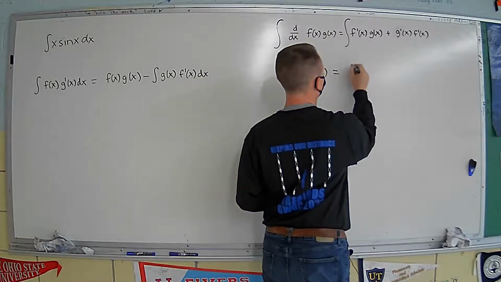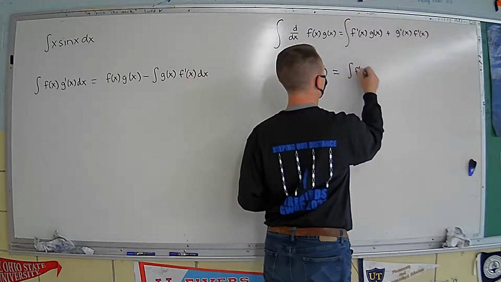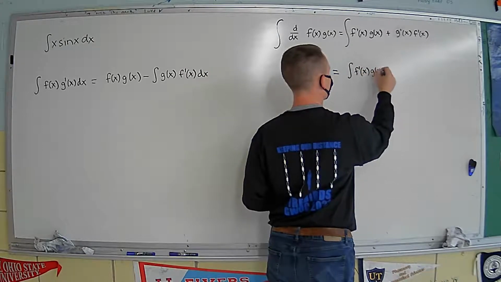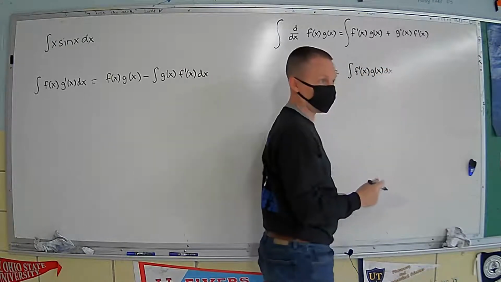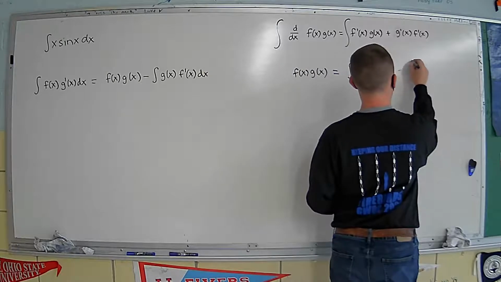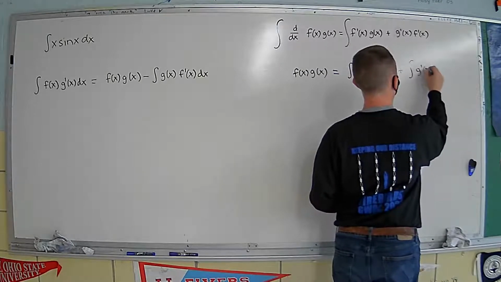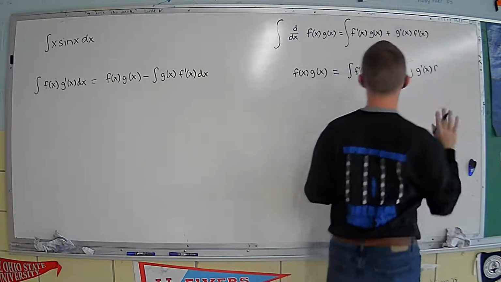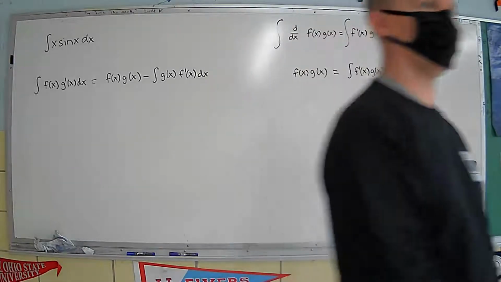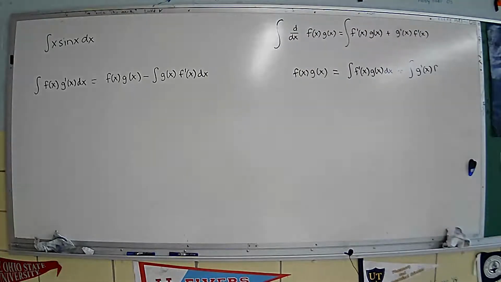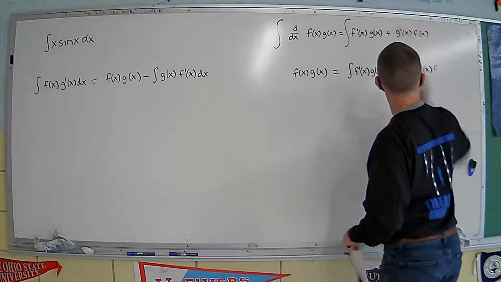The antiderivative here is going to be f of x, g of x, plus the antiderivative of g prime. Whoa, whoa, you guys, hey. There's a typo up there. Let me just write that. What's wrong, Megan? F prime of x cannot be derivatized? Yeah.